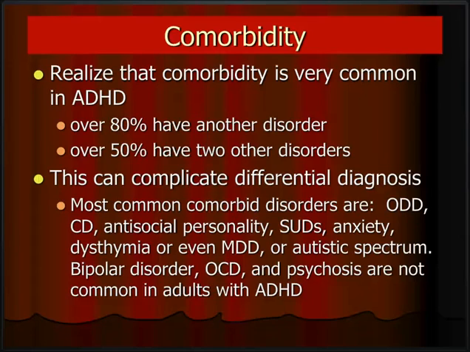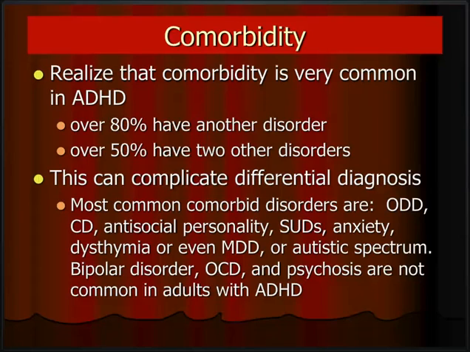ADHD individuals are most likely to have oppositional disorder. They may have conduct disorder in up to 25 to 45% of ADHD cases. Antisocial personality, along with substance use disorders, anxiety disorders, dysthymia, depression, and even autistic spectrum disorders are more likely to coexist with ADHD.